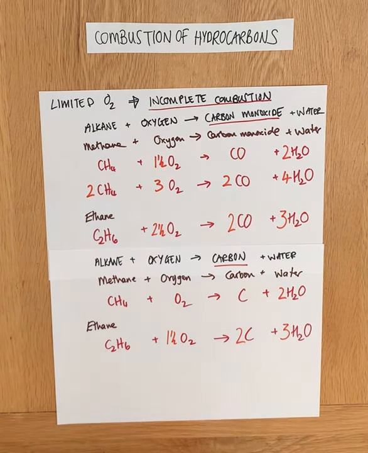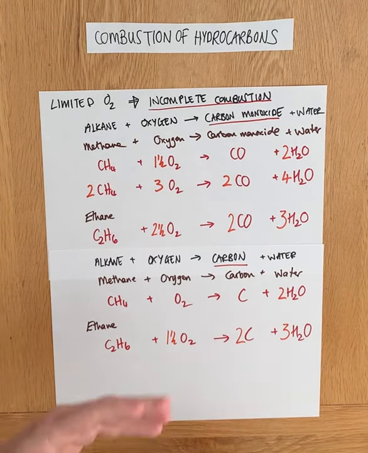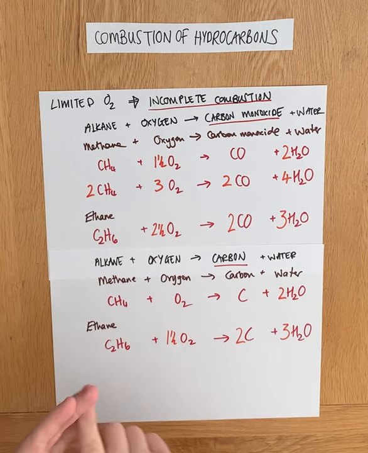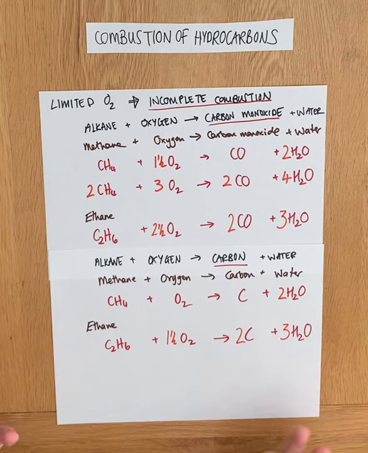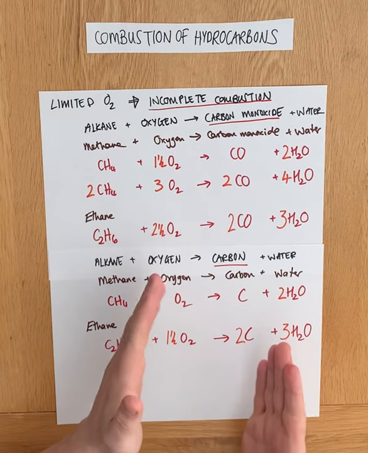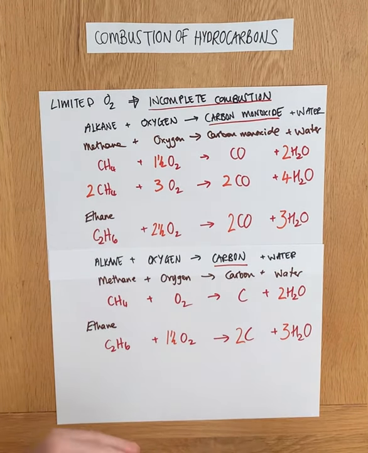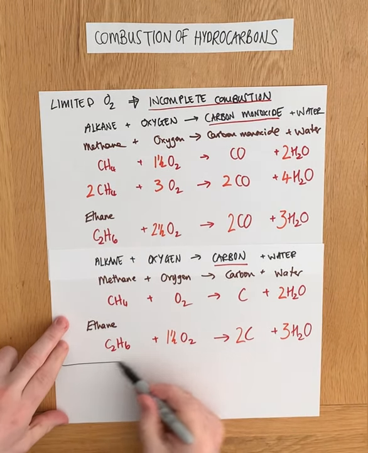You may be asked to write an equation that contains carbon dioxide and carbon monoxide, or carbon and carbon monoxide, or maybe all three of the carbon containing combustion products. I don't like that, because unless you know the ratio of the production of each of them, you're just guessing, and a good chemist doesn't just guess to the ratio.